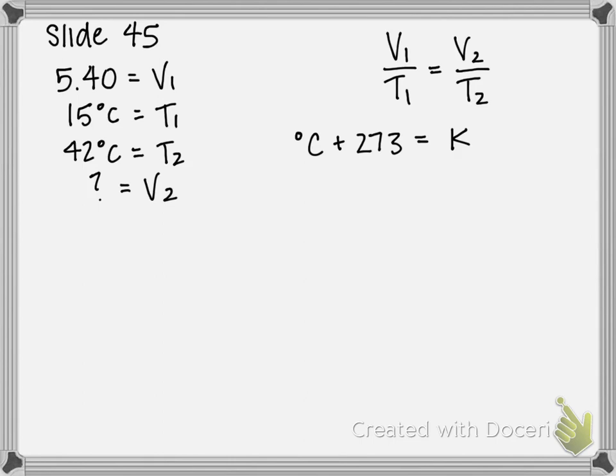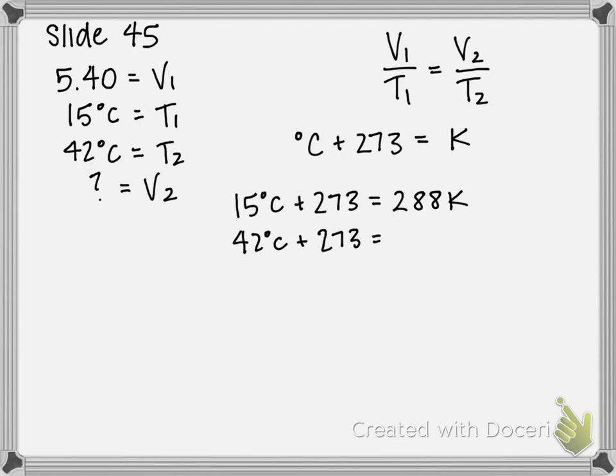So we have to change both T1 and T2 to Kelvin in order to plug into this equation. So we're going to do 15 degrees Celsius plus 273 gives us 288 Kelvin, and then 42 Celsius plus 273, that's going to give us 315 Kelvin.